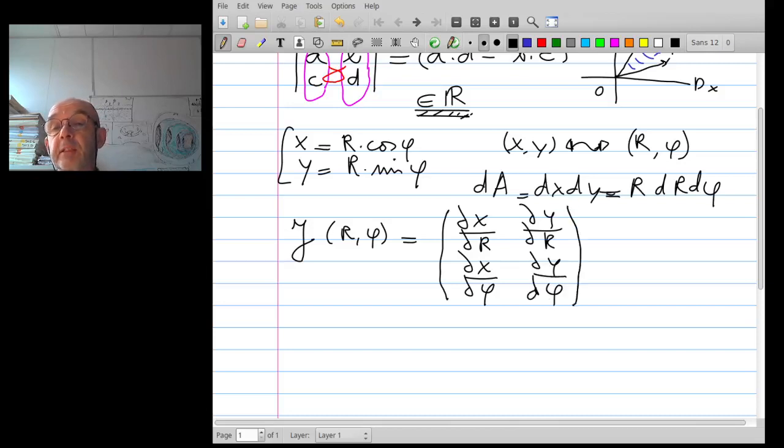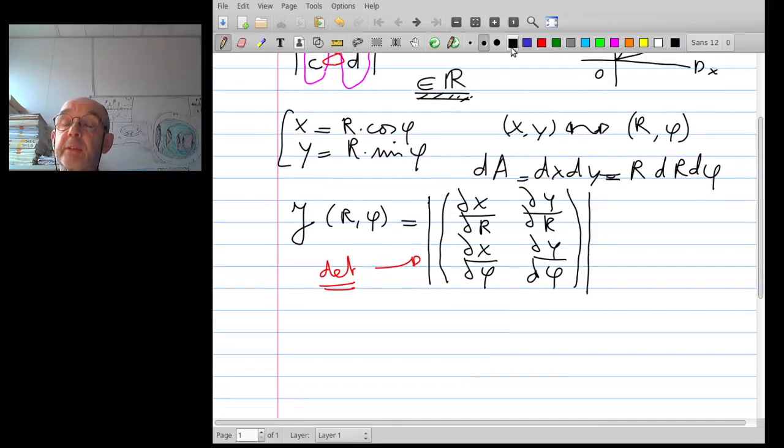What is the Jacobian? The Jacobian is the determinant of this matrix. You have the matrix, and then you can calculate the determinant. And if you do that, in this case you get r dr d phi.